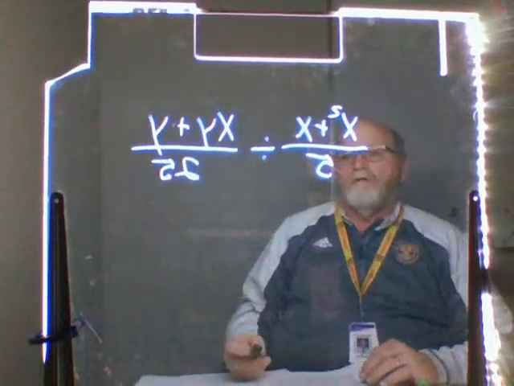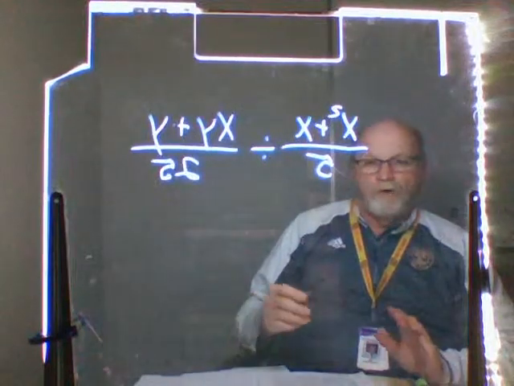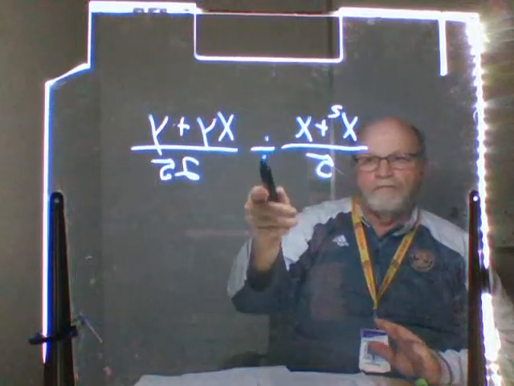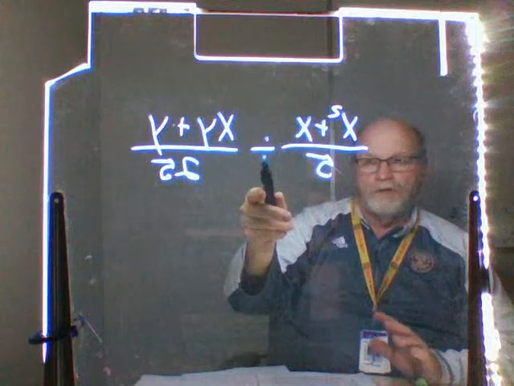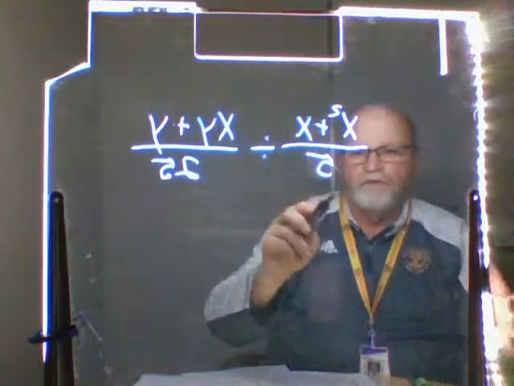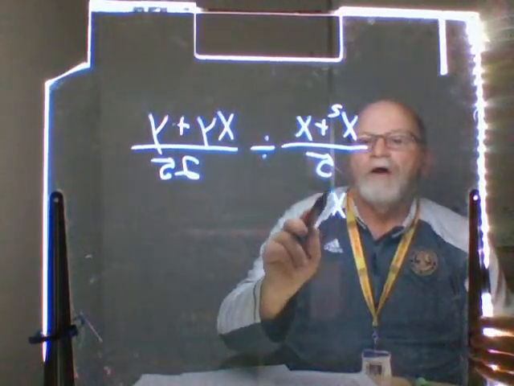All right. So again, remember, the first thing is we need to change this division to multiplication, and we need to flip this. So let's take a look at that.